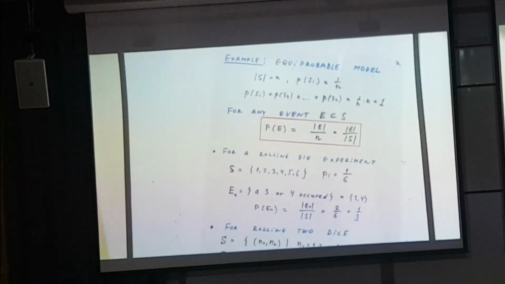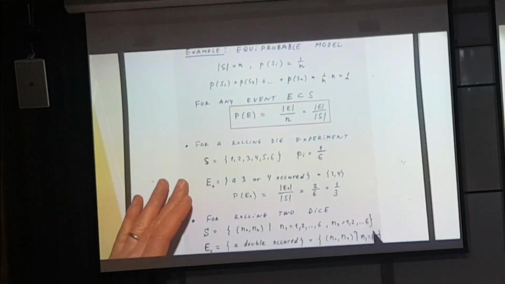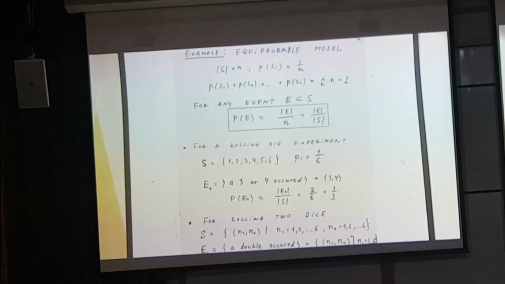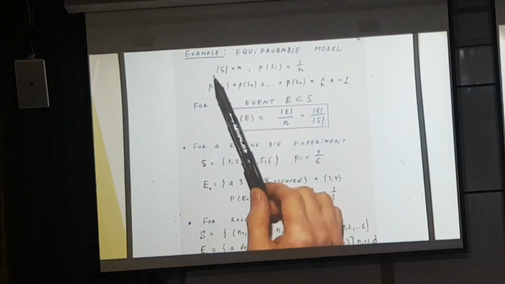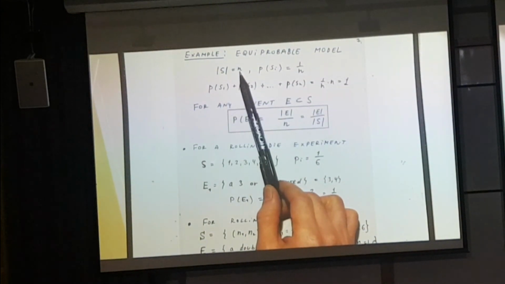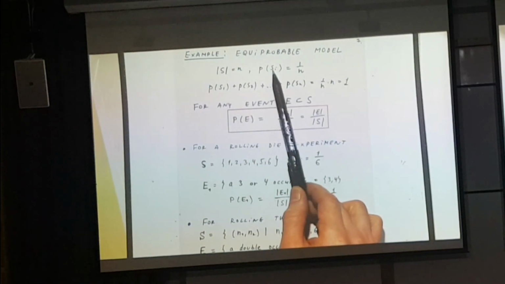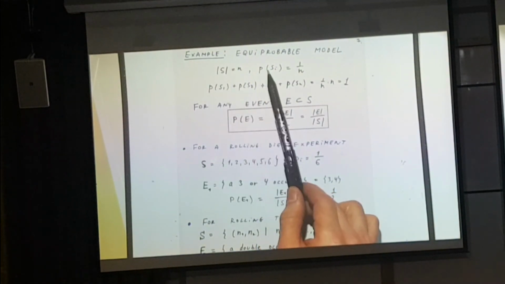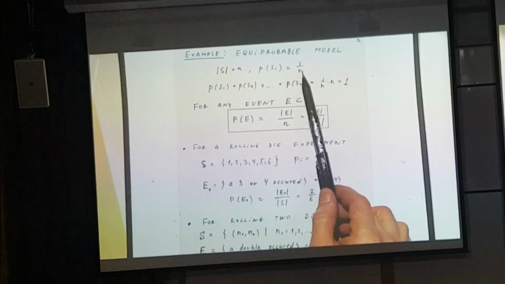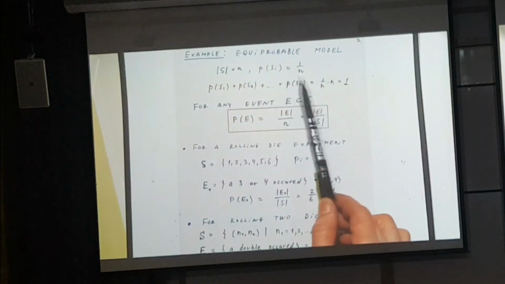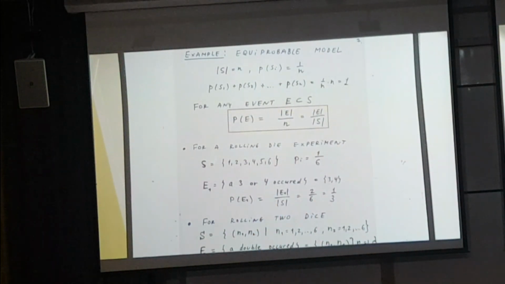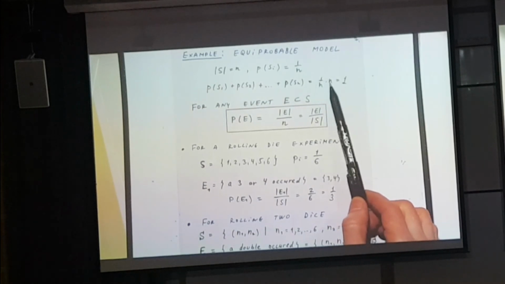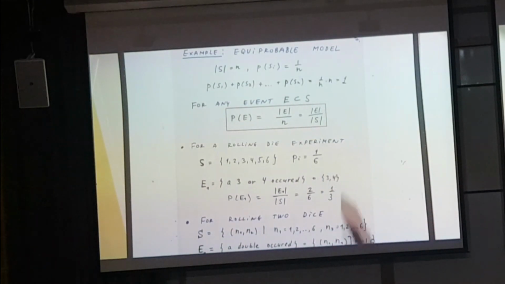And the most important model for us will be the equiprobable model. So it assigns to every point the same probability. So if you have a sample space with n elements in it, we can assign to every point from the sample space, to every element, the probability of 1 over n. Then the sum of all probabilities for individual elements will be 1 over n times the number of individual elements.